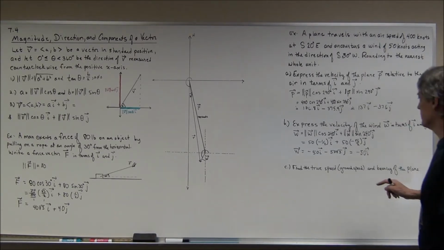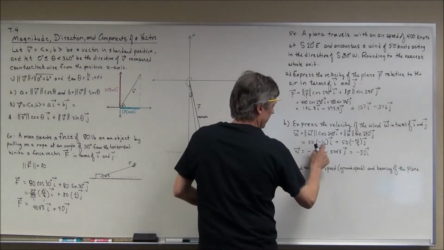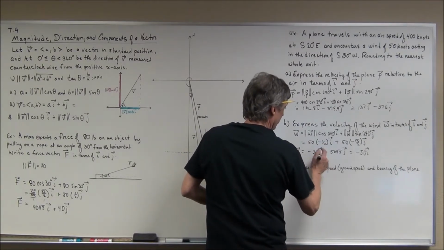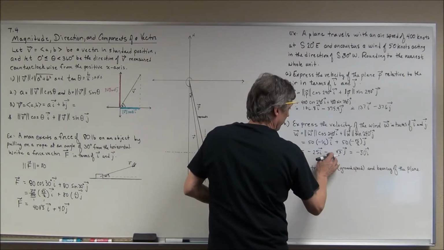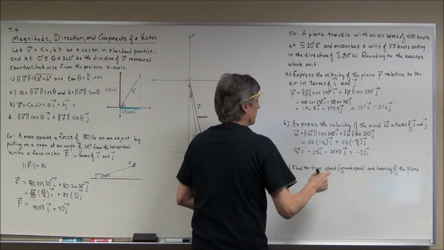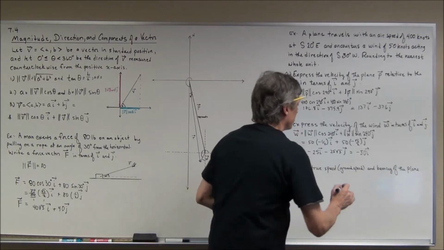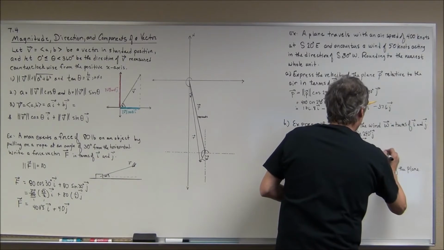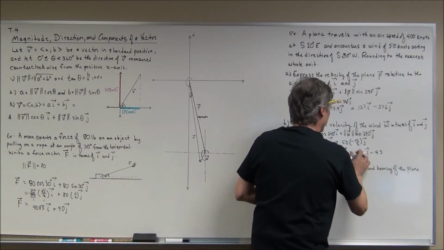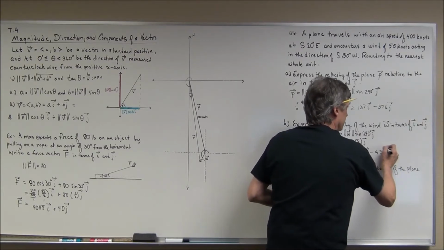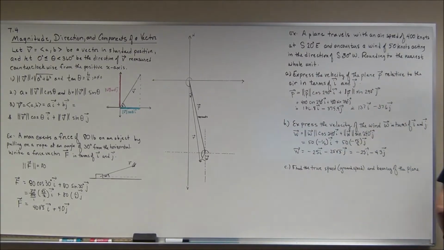Or actually, hang on a second. 50 times negative 1/2 is 25. Almost messed that one up royally. And this is 25 because I forgot to take half of it. So 25 times the square root of 3, which is about 1.732, turns out to be about 43. This is 25 again. Good Lord, all this work and I'm going to mess up now. Times vector J. I think it's 43. I'm going to have to check my calculations.